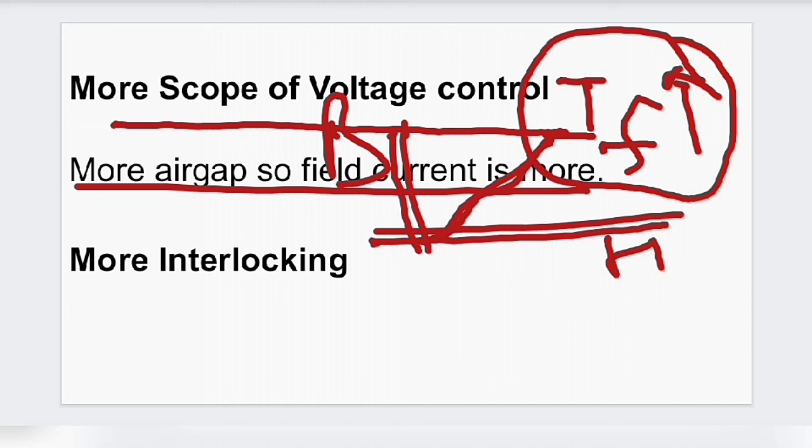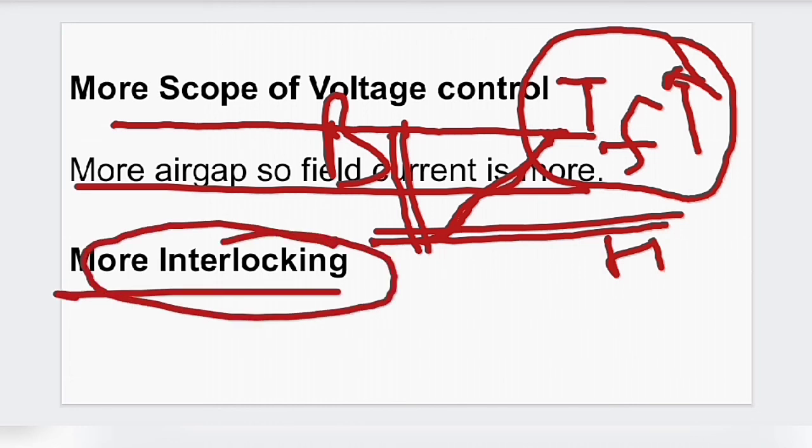At the last, because of the large air gap, there is a large interlocking. Interlocking means the interlocking between the stator magnetic field and the rotor magnetic field.